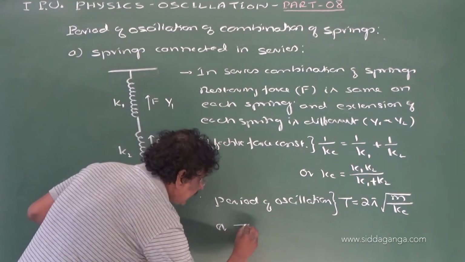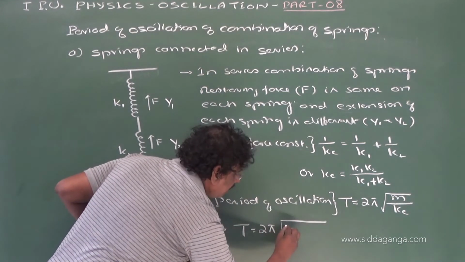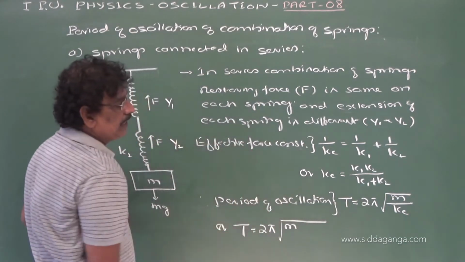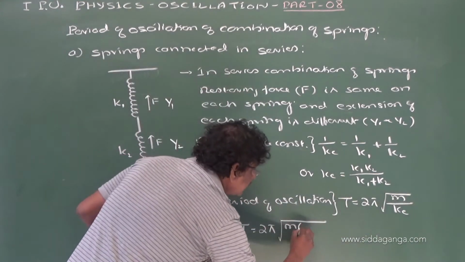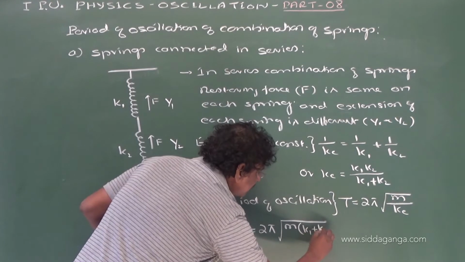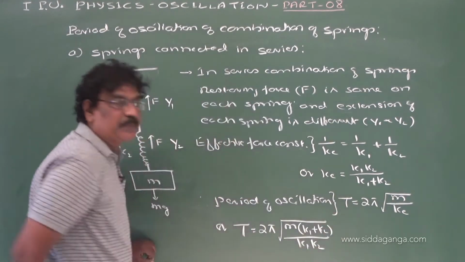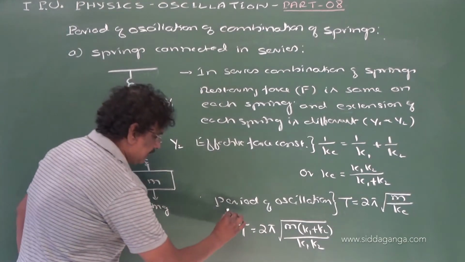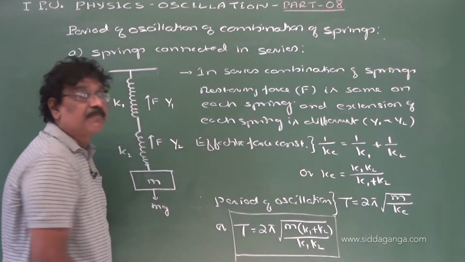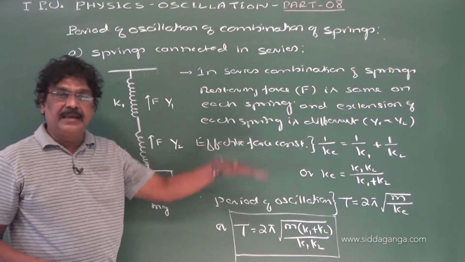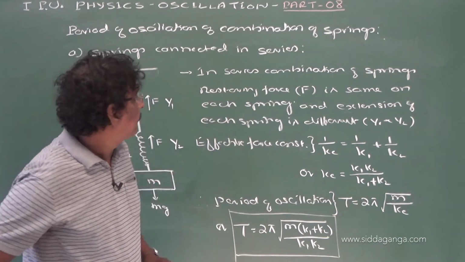Substituting that value here, T is equal to 2 pi into square root of m into (K1 plus K2) divided by K1 K2. This is the time period of oscillation when the springs are connected in series. Is that clear?